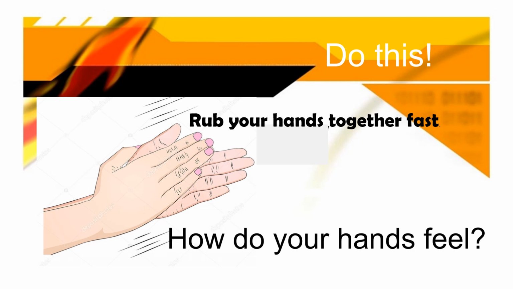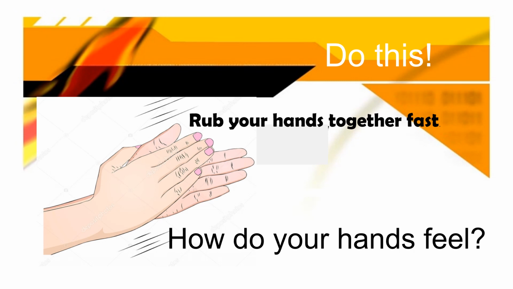Do it again. Rub your hands together again. This time, do it faster and do it a little bit longer. All right? So rub, rub, rub, stop. Put your hands on your face. Ouch. Does it hurt?